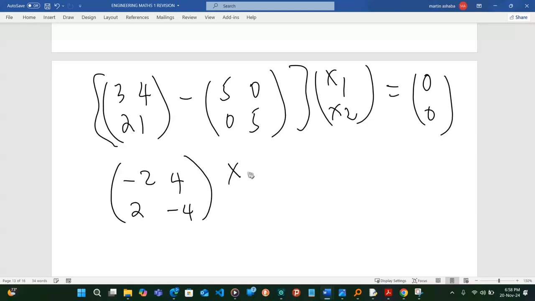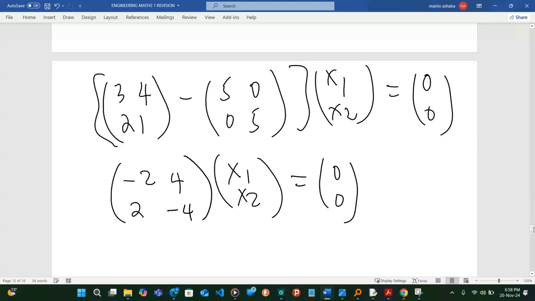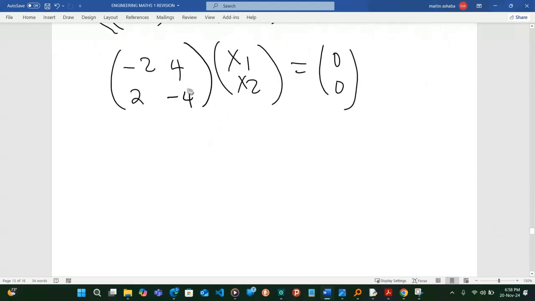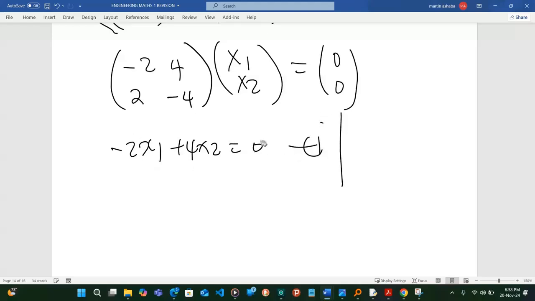We are multiplying x1, x2, and this is 0, 0. So we just create two equations: -2x1 plus 4x2 is equal to 0. I can also do the other one and say I have 2x1 minus 4x2 is equal to 0, and this is equation 2. When you look at the two, they are identical.